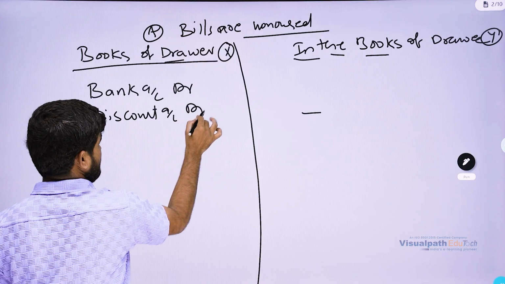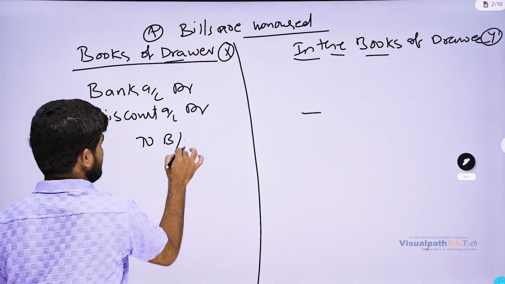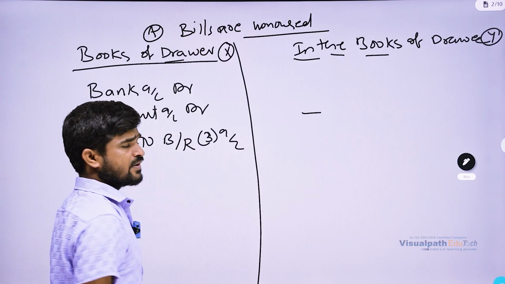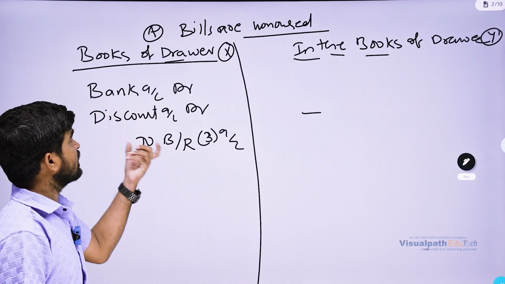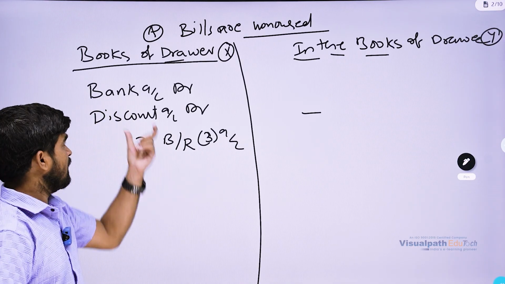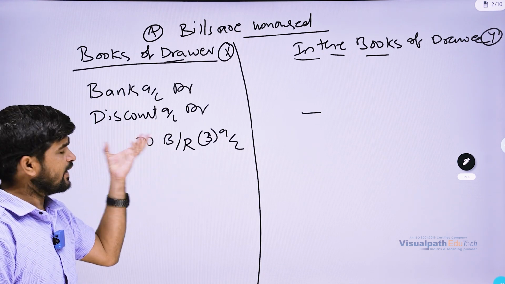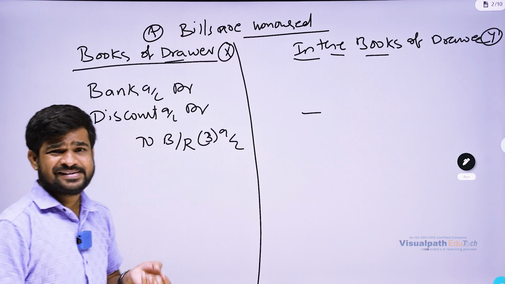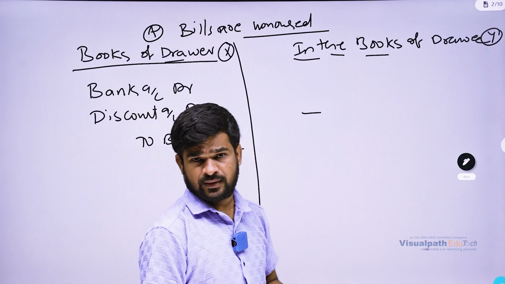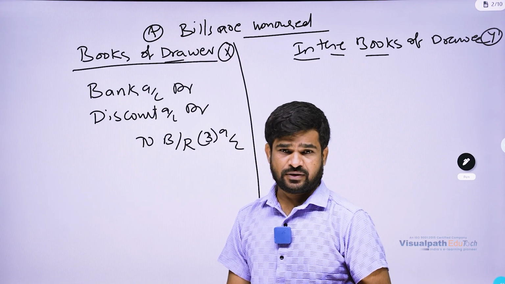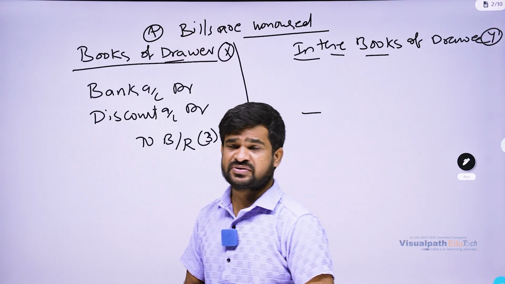Discount account debit. To what goes out here? The bill goes out, bill number 3. So in whose books will this entry be recorded? In the books of the drawer. Bank account debit, discount account debit, to bills receivable account. Completely the bill is indirectly sold to the bank, and the amount is got immediately after the 6% discount. And this is the entry we will record in the books of the drawer.